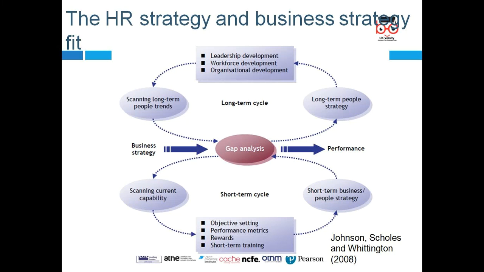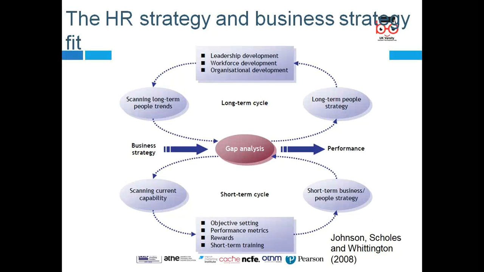So leadership development, workforce development, organizational development, scanning long-term people trends, long-term cycle, long-term people strategies in our organization, business strategies we need to think about. Is there any gap? We want to expand our organization, but we don't have the right staff, or their skills are not up to date. We're not going to achieve what we're supposed to achieve.